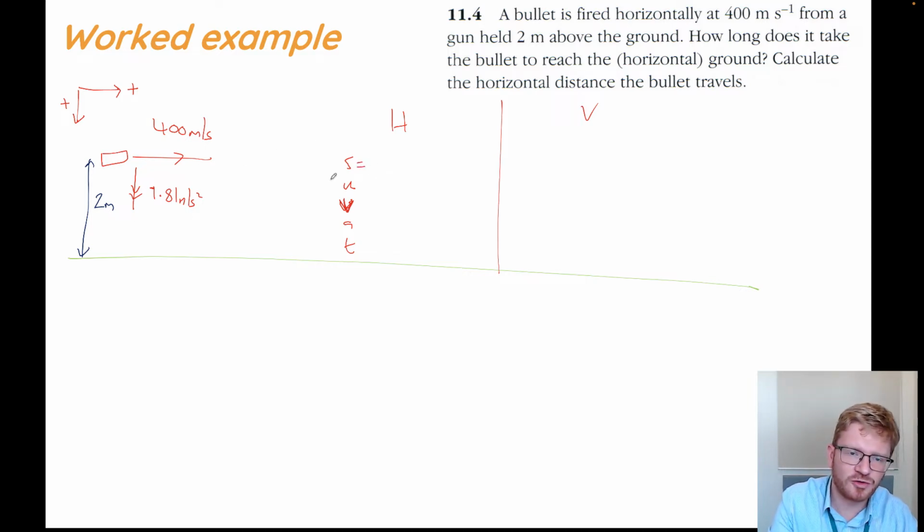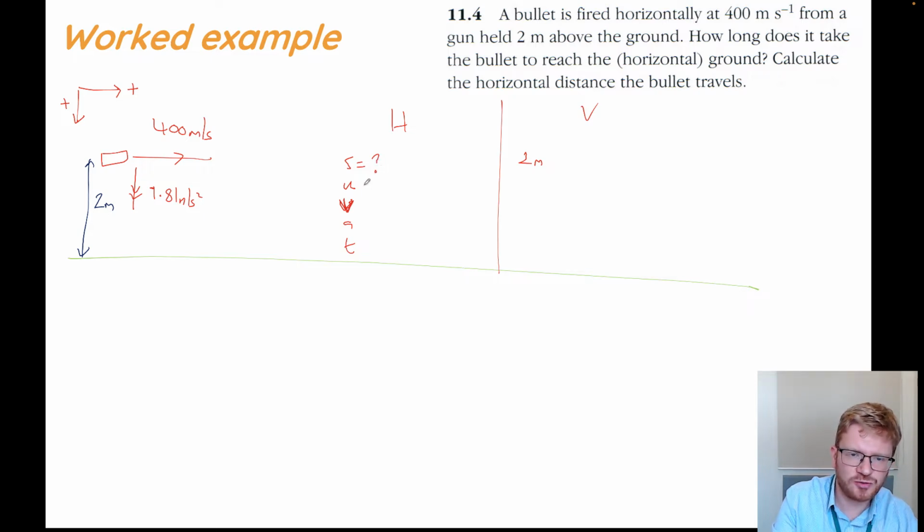So we know in the horizontal component it's going from 0, and I did say that downwards is positive. So its total displacement when it hits the ground in the vertical component will be 2 meters. We're going to be asked later for the horizontal distance, so that's something that we want to know.